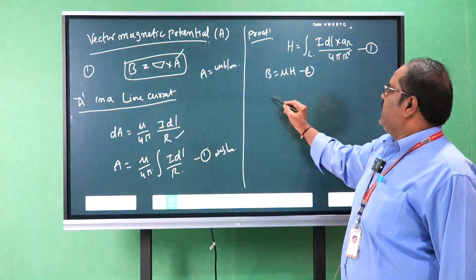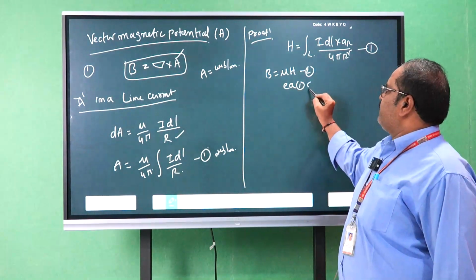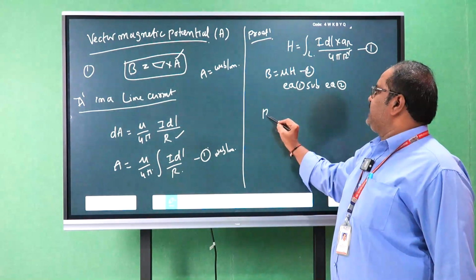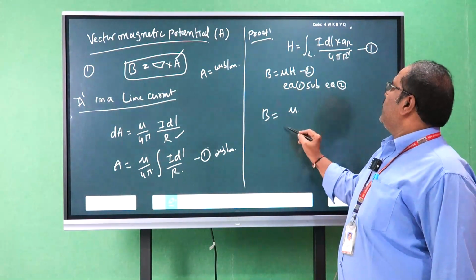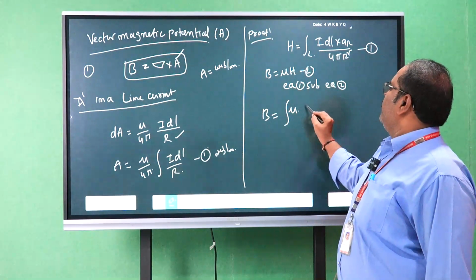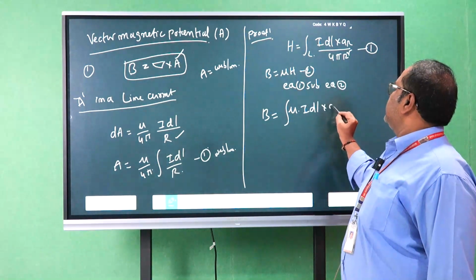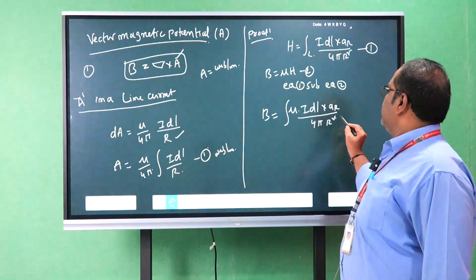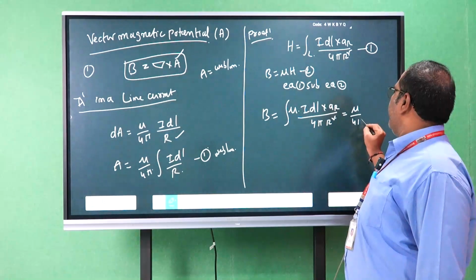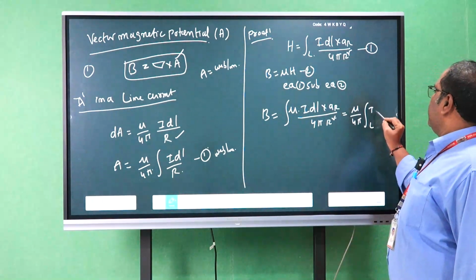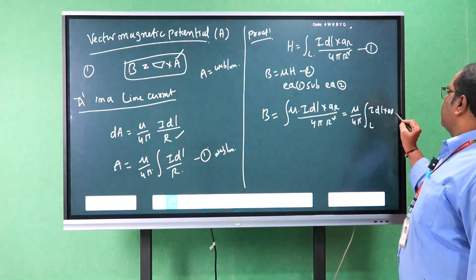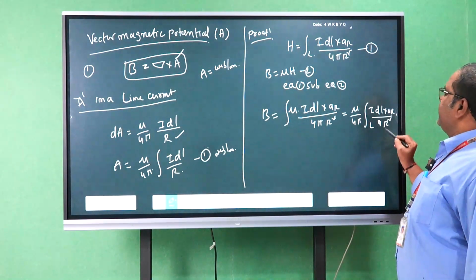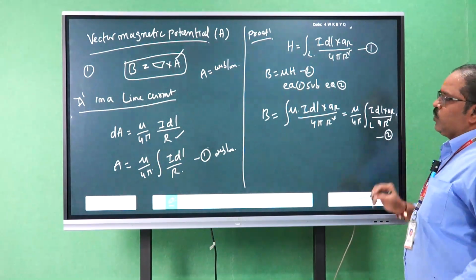Substituting equation number 1 into equation number 2, B is equal to mu integral I dl cross AR by 4 pi R square. That is equal to mu by 4 pi line integral I dl cross AR by R square. This is equation number 2.